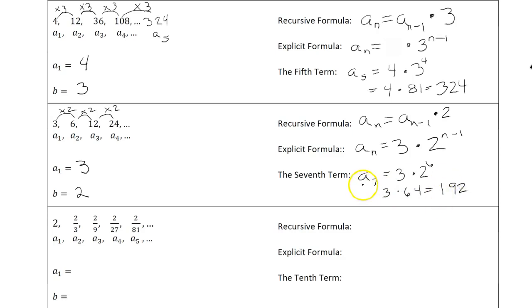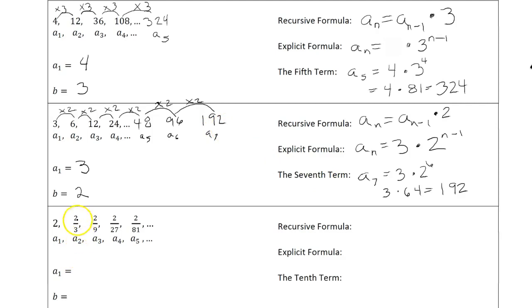This method is much better and quicker than the recursive method, which would require us to multiply 24 times 2 for 48, 48 times 2 for 96, and 96 times 2 to get the seventh term, 192. Preferred method is the explicit formula.